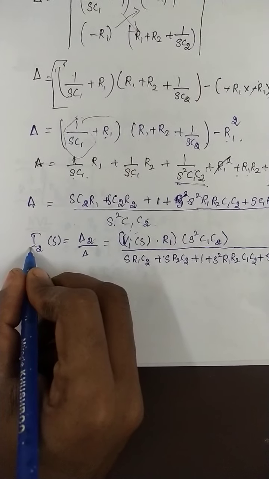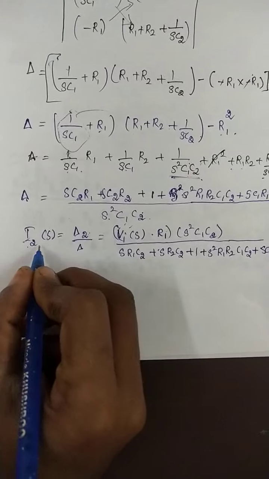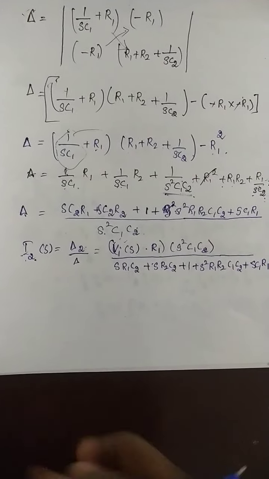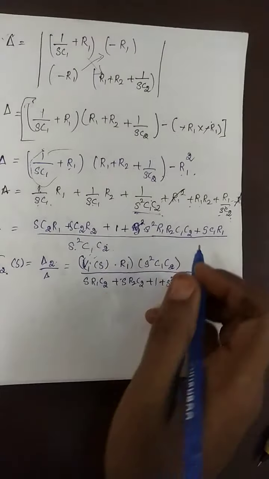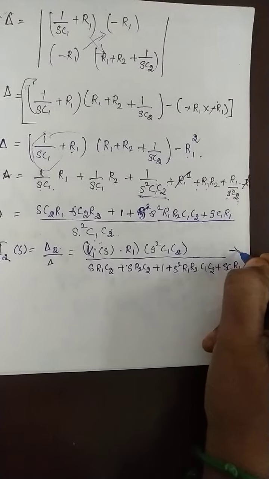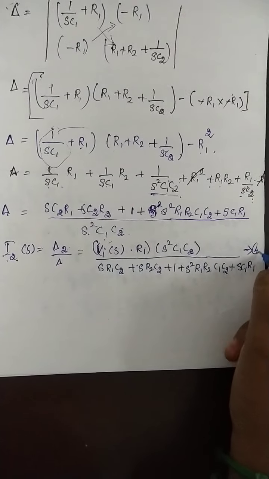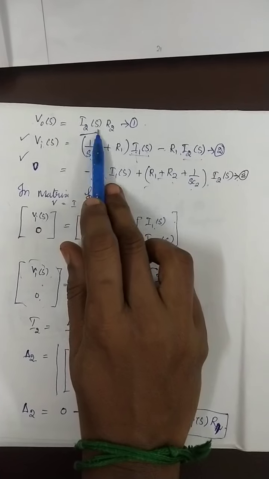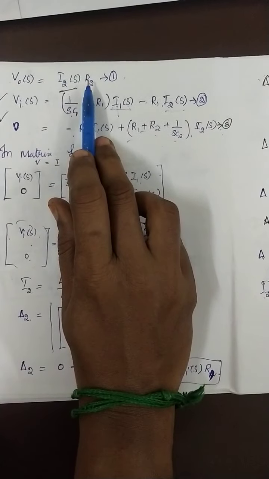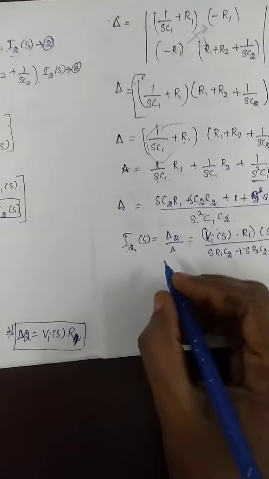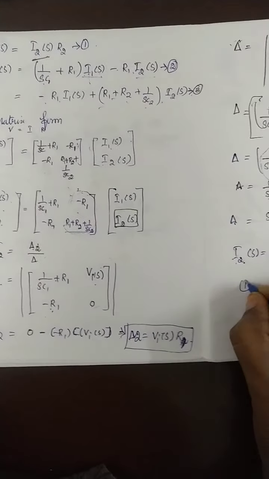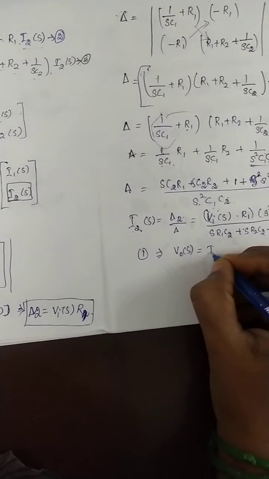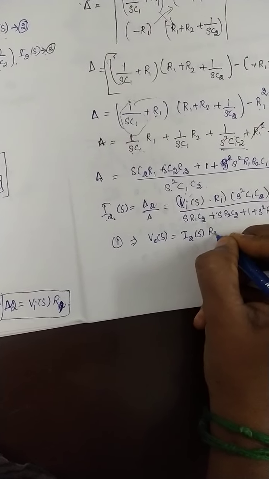So now we are finding this I2 of S. I2 of S is calculating. So what is this? Why we are finding this I2 of S? Take this equation as 4. Already you know this. We are finding this V0 of S equal to I2 of S into R2. So what is this equation number 1? From the equation number 1, V0 of S which is equal to I2 of S into R2.